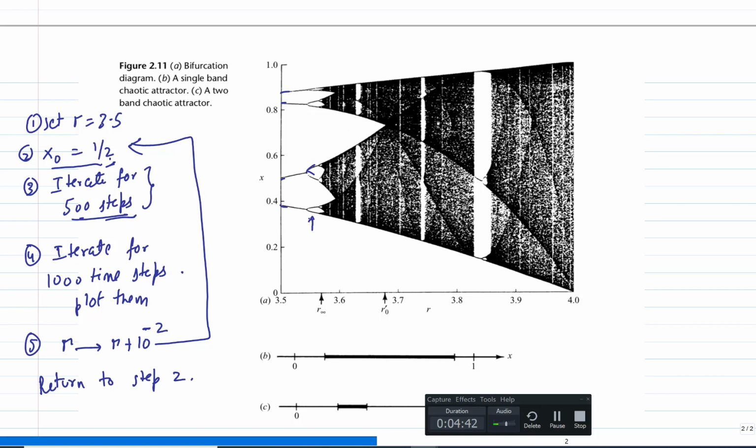So what is shown in this figure is the attractor, where the final trajectory starting from say x equals half after 500 iterates maps to. So once the trajectory is settled, we iterate for 1000 times and plot those points. We increase R slightly and go back to step 2. So this way we proceed in R in this direction, and we plot the trajectory on the stable attractor in the Y direction.